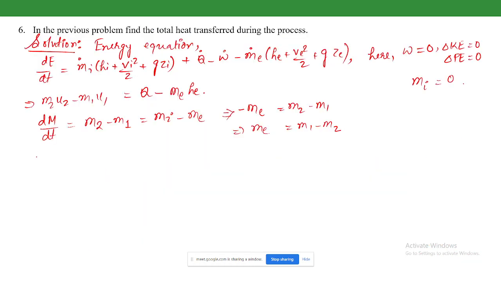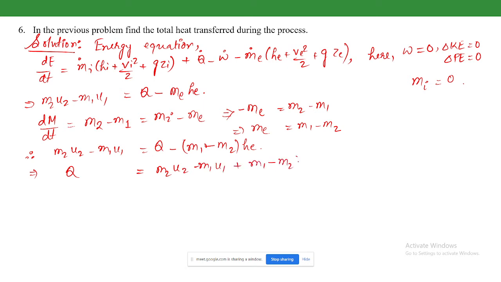So if we put it in the energy equation, m2u2 minus m1u1 is equal to Q minus (m1 minus m2) h_e, or you can say that Q is equal to m2u2 minus m1u1 plus (m1 minus m2) h_e.